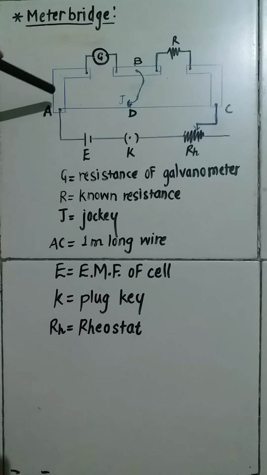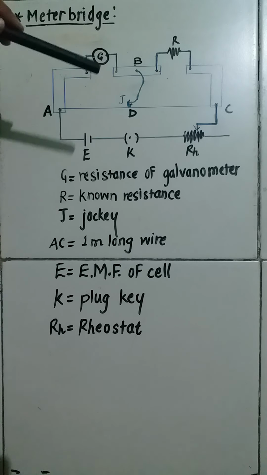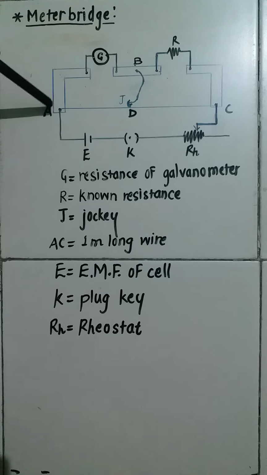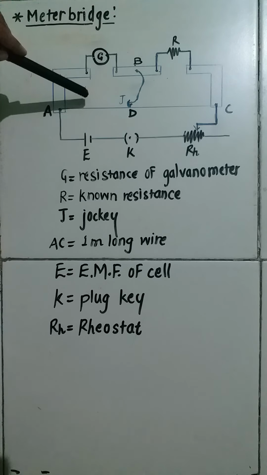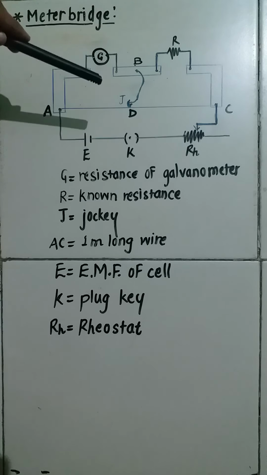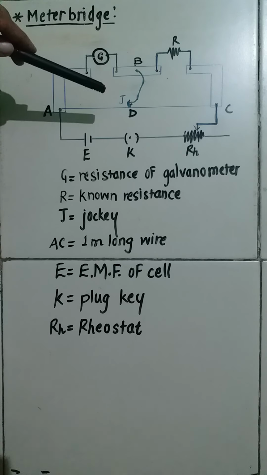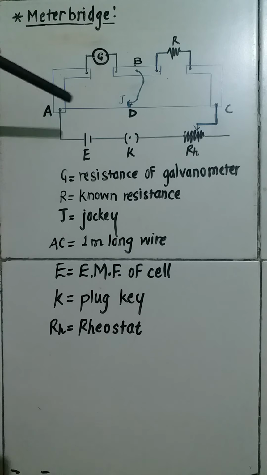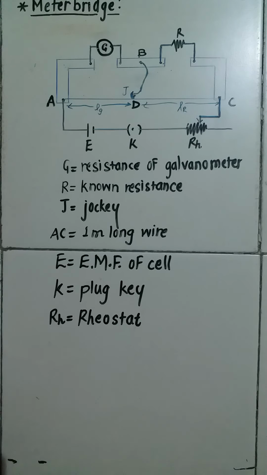Now here the resistance of wire of part AD and DC is not given directly. So we have to measure the length from point A to D as Lg and the length from point D to C as Lr by using the meter scale which is calibrated below this wire AC. Now use the balancing condition and get the formula for unknown resistance of galvanometer G.